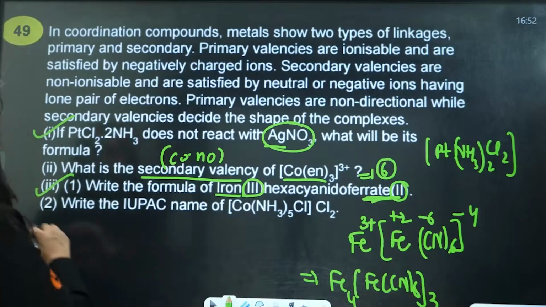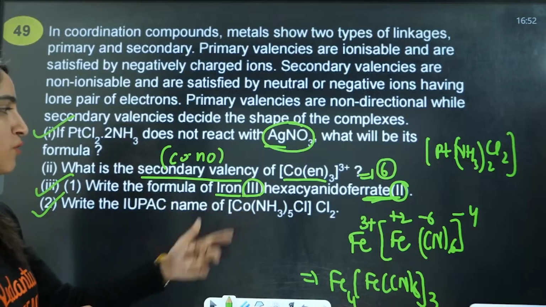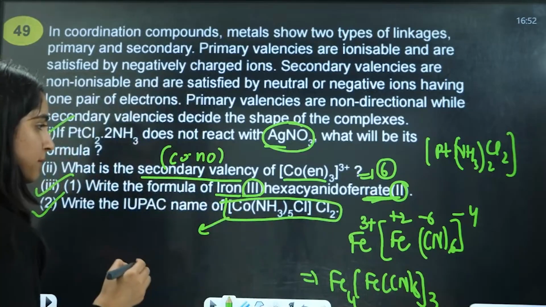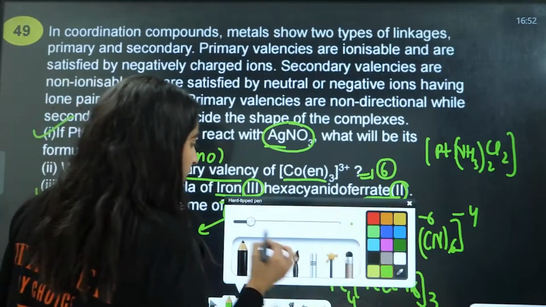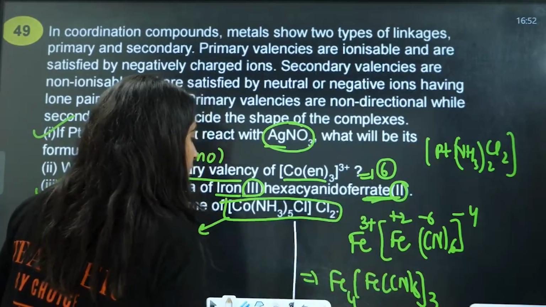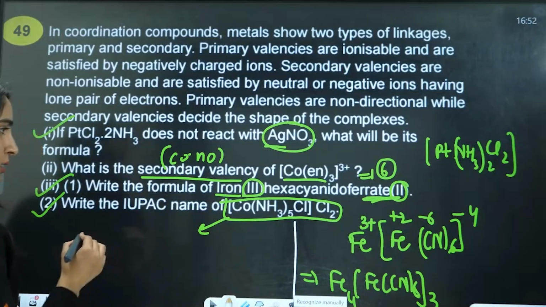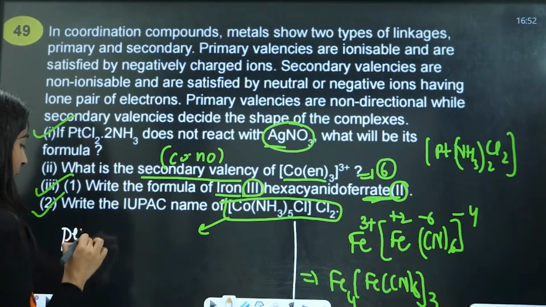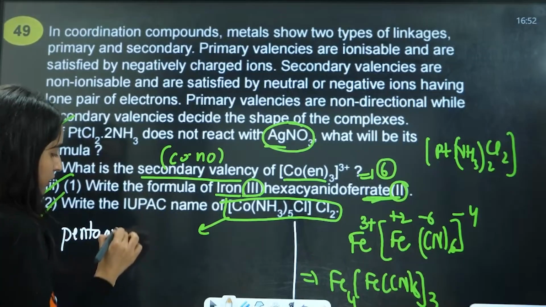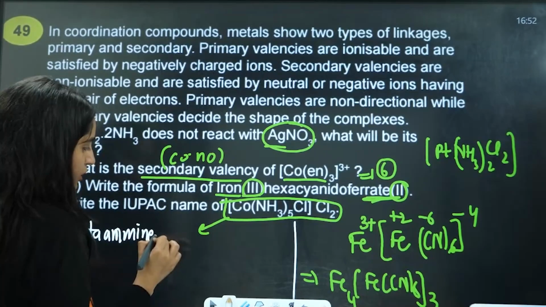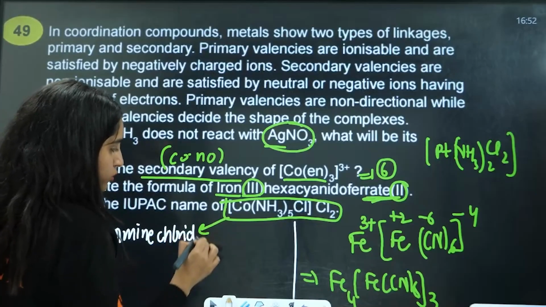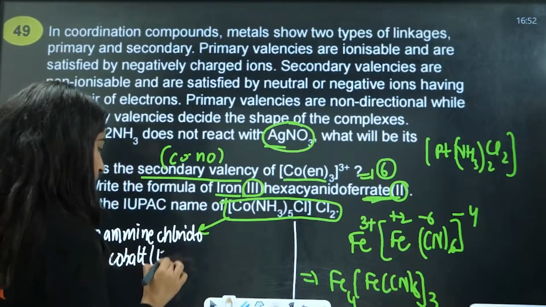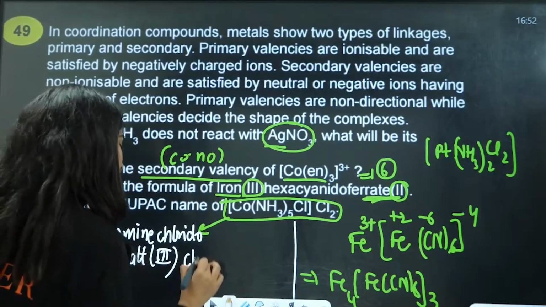Next is, write the IUPAC name of this one. What is the IUPAC name of this one? Firstly we will write pentamine chlorido cobalt(III) chloride.